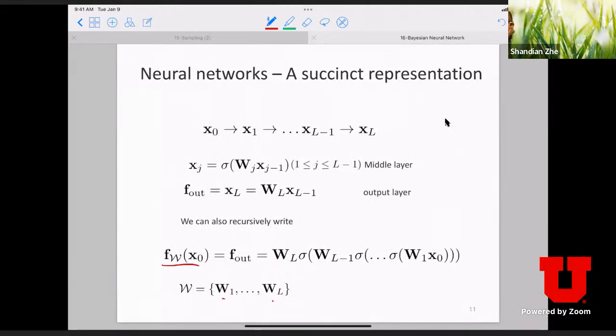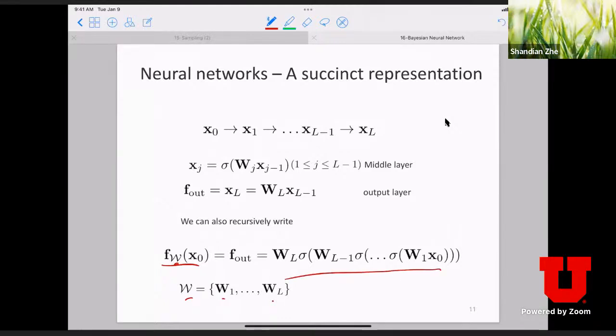So we can index all those edge weights by this calligraphic W. And the computation of the output is essentially a recursive application.